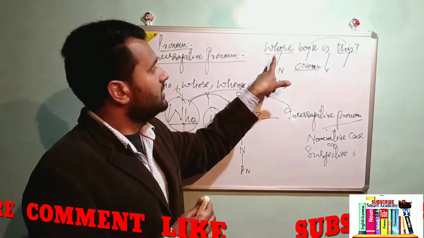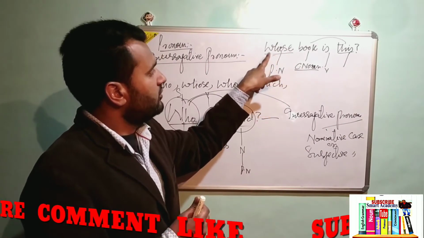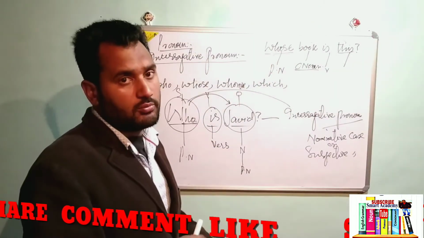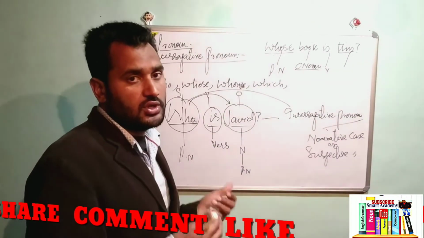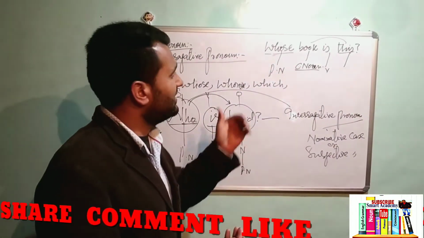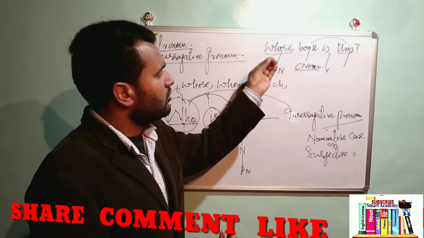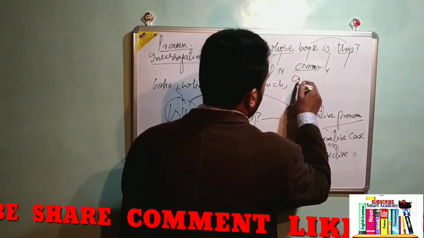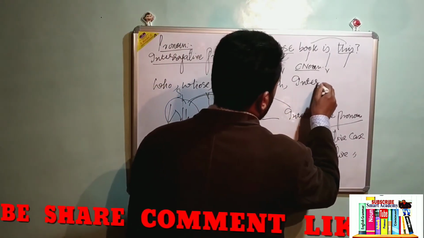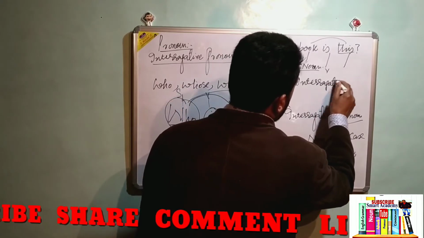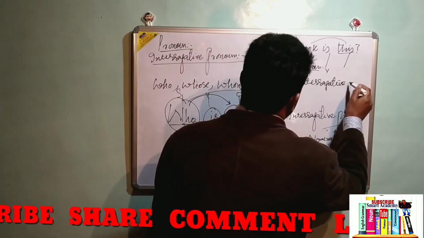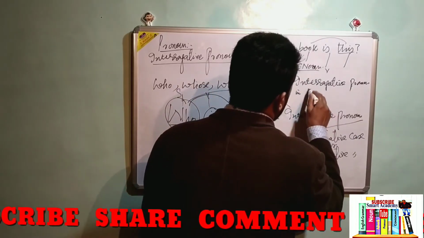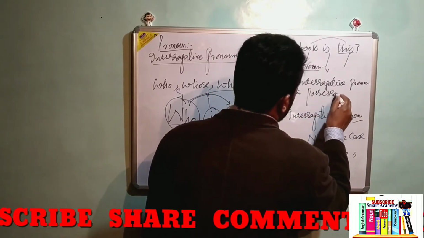So what I mean to say is, it will be a possessive interrogative pronoun, or we can say genitive interrogative pronoun, or simply that it is the interrogative pronoun in possessive case.